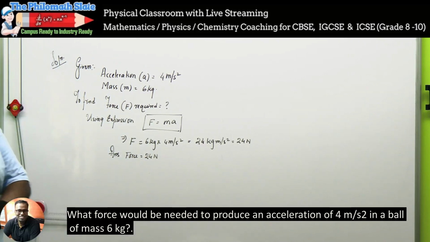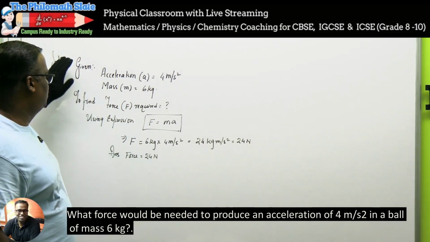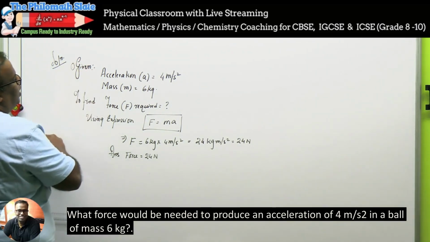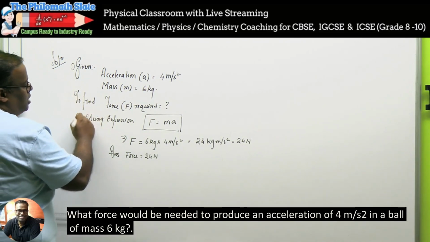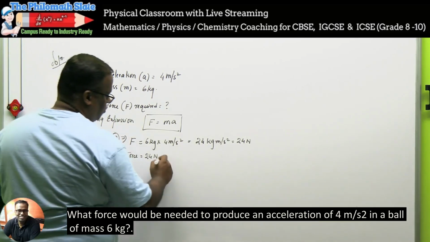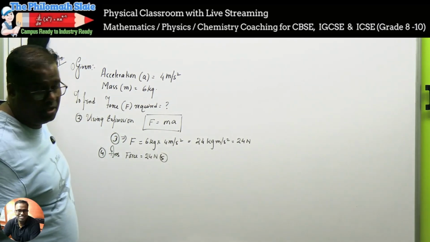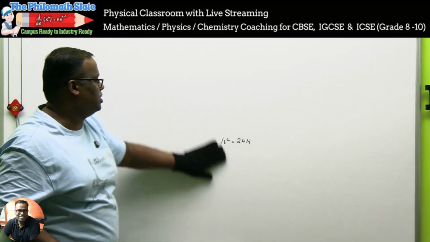This is how you do problems in the way the examiner would like to see your problem. Again, we have gone by our steps. Step number 1 is this, then step number 2 was our expression. Step 3 was this. Step 4, answer. And most important, the unit should also be there. Right? So let's take another question.